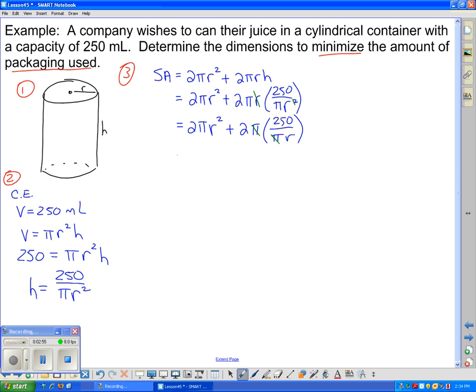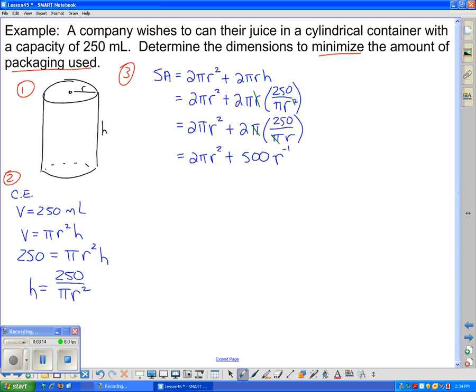So in the final stage then, 2 pi r squared plus 2 times 250, that's just 500. And I'm going to write the r with a negative exponent. So I'm using our negative exponent rules from grade 9 because now I have no fractions, and it's just going to be a straight power rule with the derivatives.